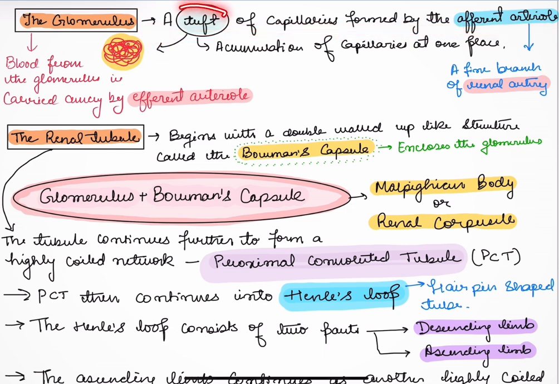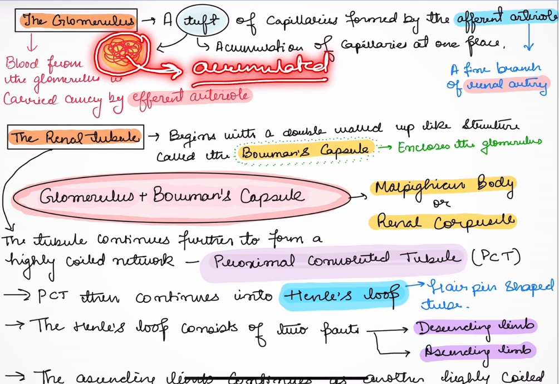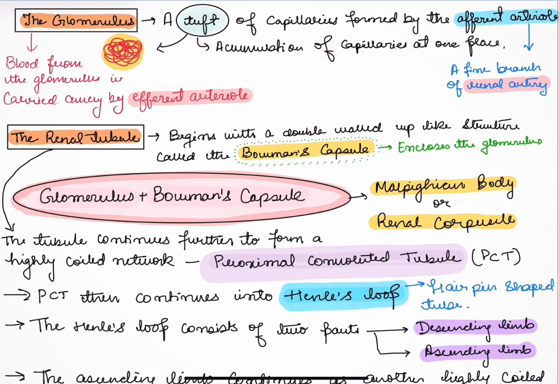So what is a tuft? So a tuft is basically an accumulation of capillaries at one place. So here in this figure, it is shown that these are the blood capillaries and they are accumulated at one place, and therefore this is a tuft.